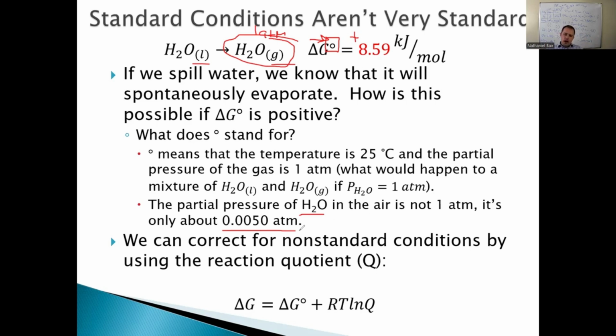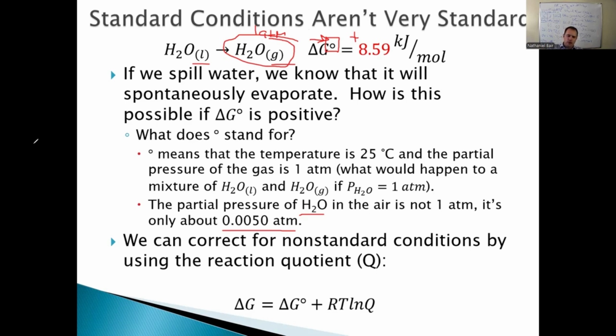So we are not at thermodynamic standard conditions. I'm at about 25 degrees Celsius, but I'm not at 1 atmosphere of water vapor. So how do we correct for our non-standard conditions? Because who is ever at 1 atmosphere of steam? Nobody's ever there. That is ridiculous. So how do we correct for that?